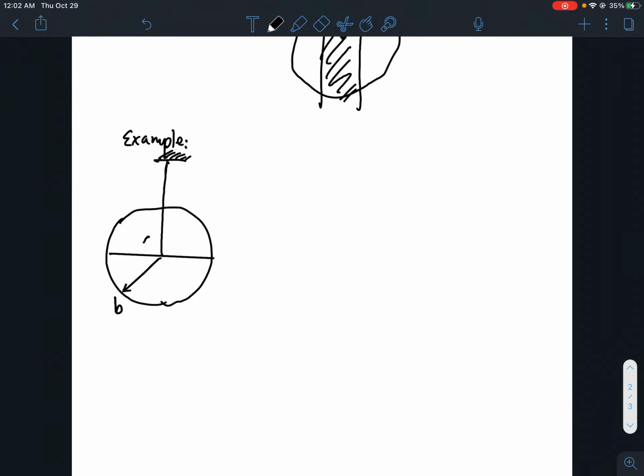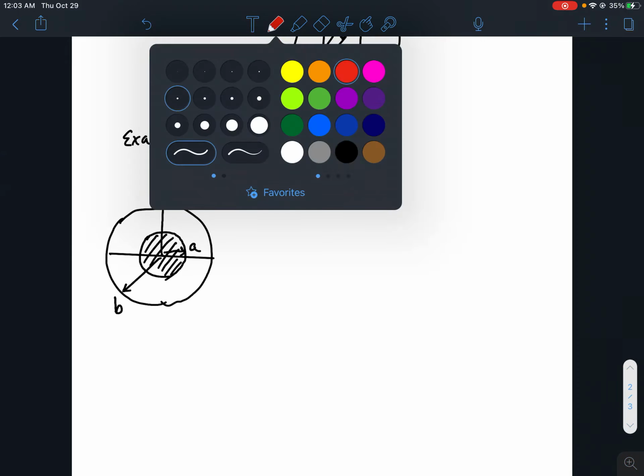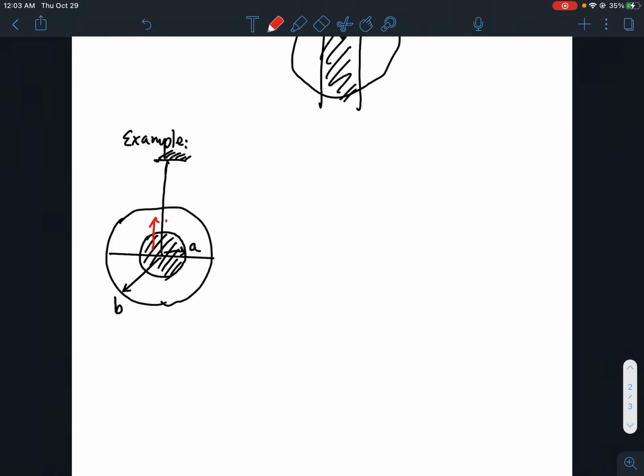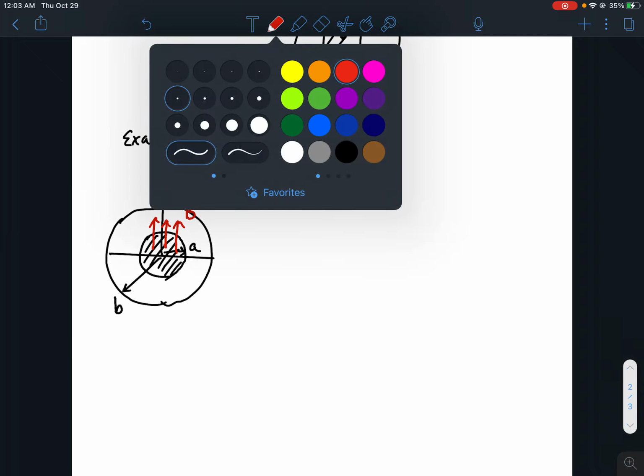Now let us say we define another area inside, just an area, with a radius that is a. And their magnetic field, let me use the red color, their magnetic field B is pointing along the z direction.